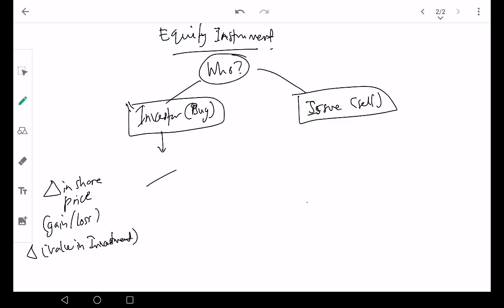Class, where will you put the gain and the loss, the changes of the share price, the gain or loss of the value of the investment itself?